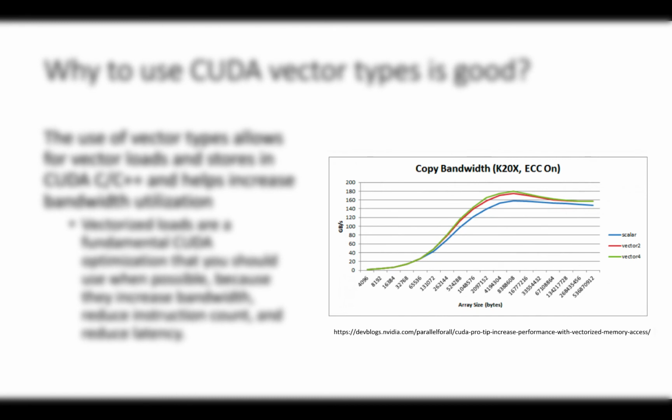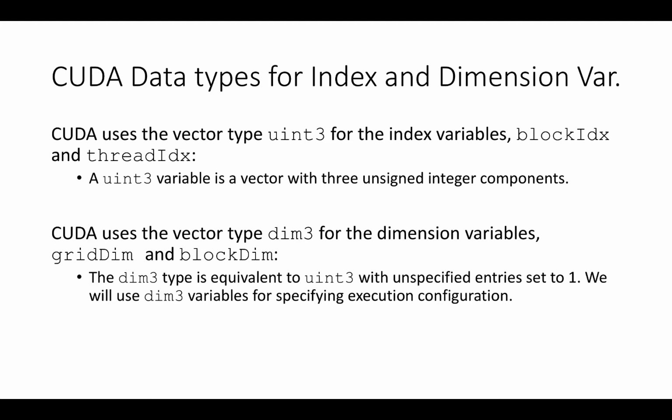So for this reason, we should use CUDA vector data types when it is possible. At this point, it might not be a surprise for you that for the index variables, blockIdx and threadIdx, we use CUDA vector type. Index variables are 3 element vectors of type unsigned integer that correspond to the CUDA data type uint3.